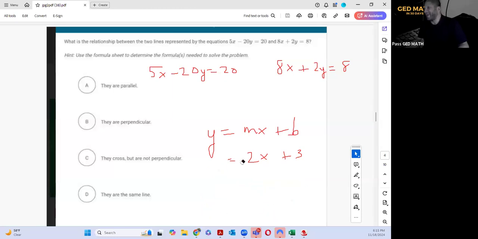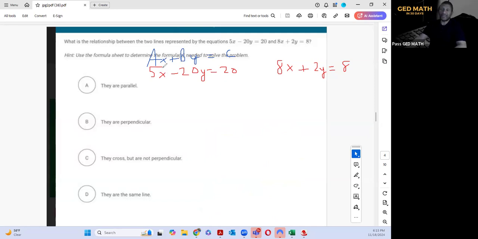Mr. Tinsley, what do you mean by ax plus by equals c? Let me change my color, because I'm going to make this problem very easy. In ax plus by equals c, the variable A is the coefficient in front of the x. So A is 5.